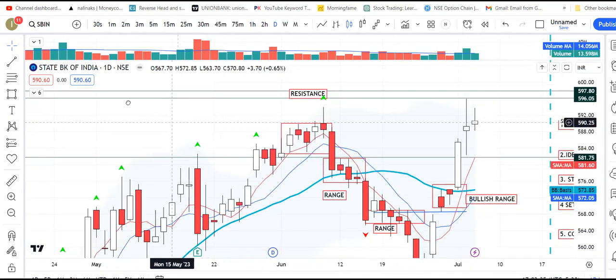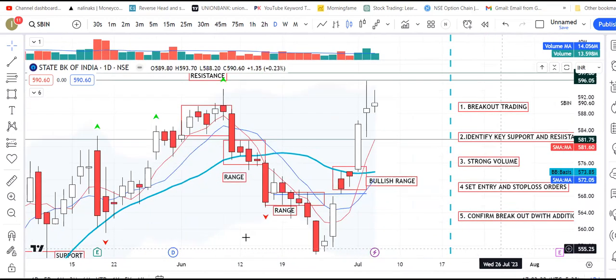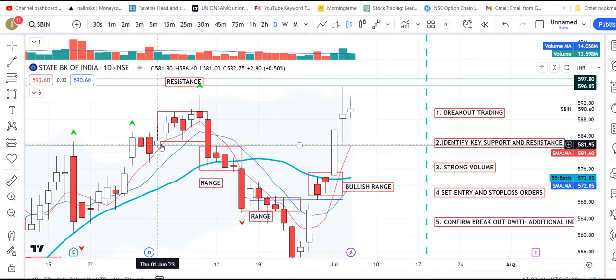So I am marking the range. You have identified the range, the key resistance and support levels, and decided this is at the peak. Probably you have to apply your logic. Probably a breakdown can come from this region.